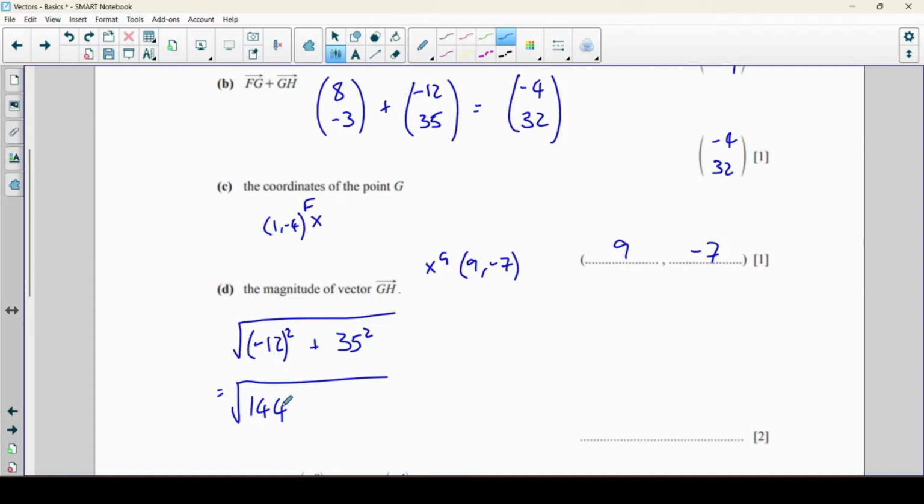I don't think we're expected to know 35 squared, although we could figure it out with a bit of long multiplication. So 1,225. Add those two things up and we get 1,369. Does that simplify at all? It does. It's a square number, 37.